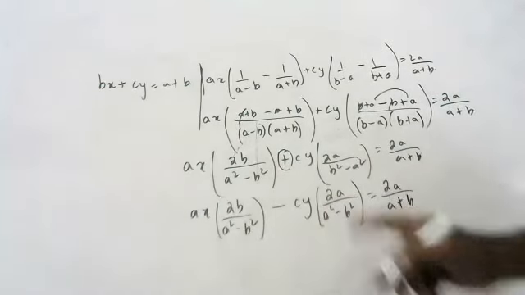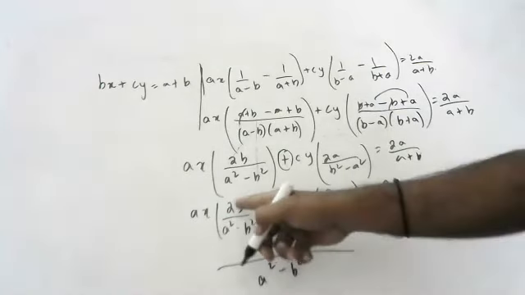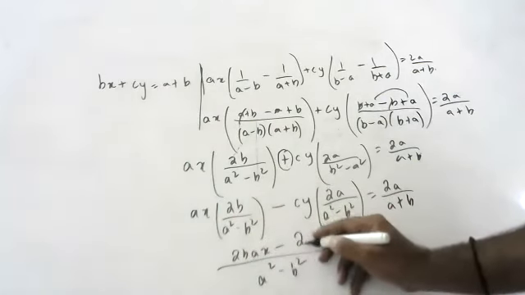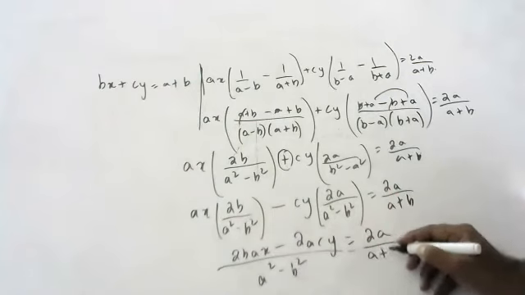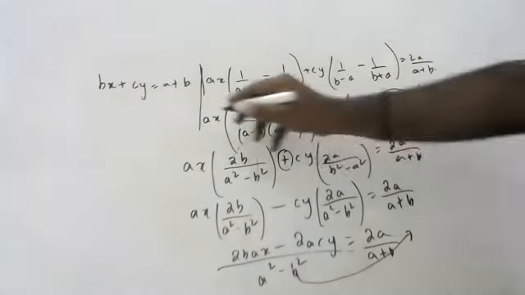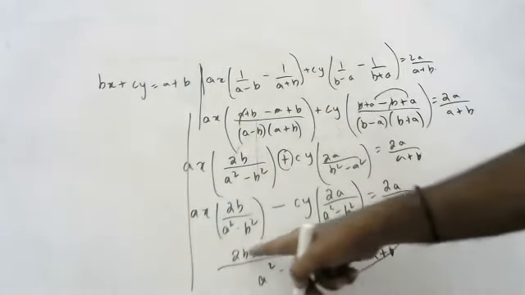Now here the LCM is same, children. What is the LCM? a square minus b square. What is there? 2abx minus 2acy is equal to 2a by (a plus b). This a square minus b square will send it here, children. Here 2abx, 2acy. What is common, children, in both?